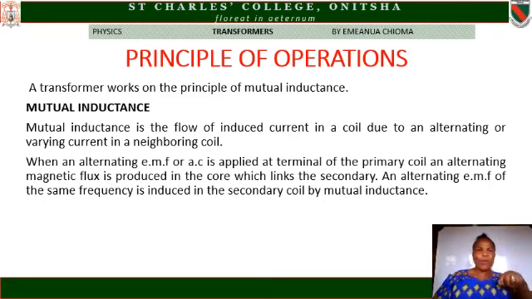If the number of turns in the secondary is low, the current goes down. That means the current is stepped down. But if the number of turns in the secondary coil is more than the number of turns in the primary, the current is stepped up or goes up. So that is how a transformer works.